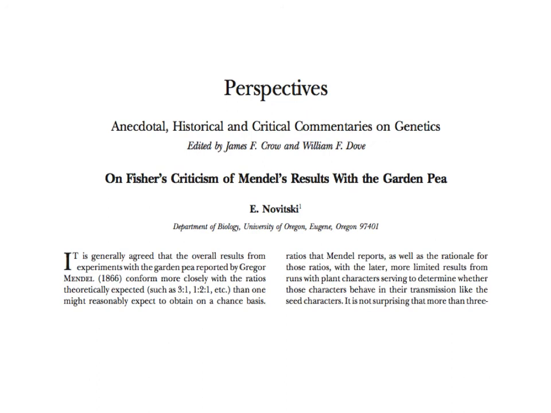So here's one of the papers that was written, Fisher's criticism of Mendel's results with the garden pea. Basically, this is the point to focus attention on. Mendel's data, actually, if you think about it, what are the probabilities that he happened to choose 7 different traits that happen to be located on 7 different chromosomes?